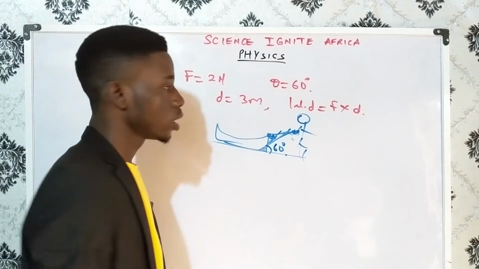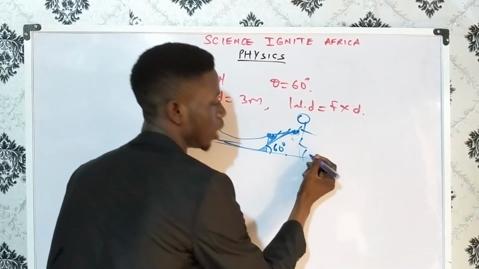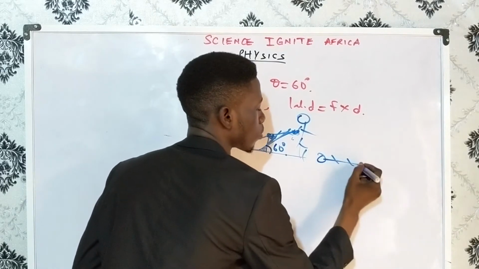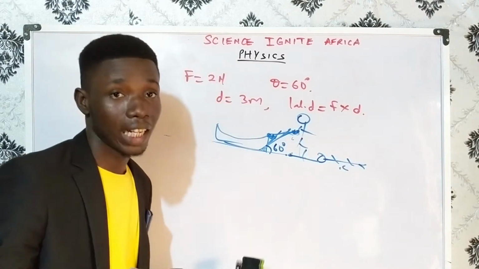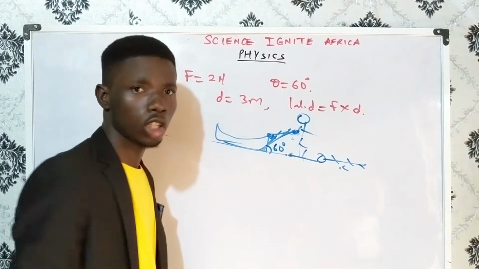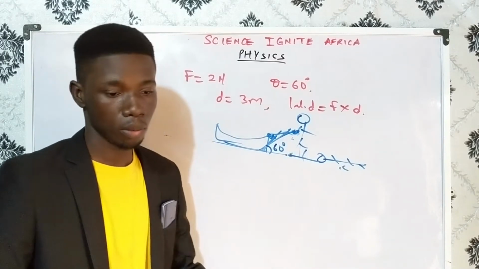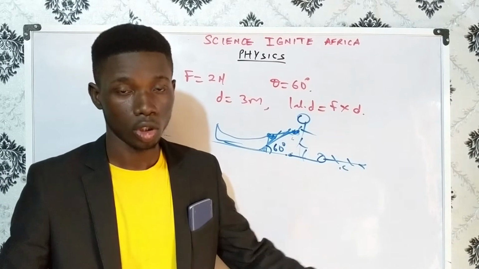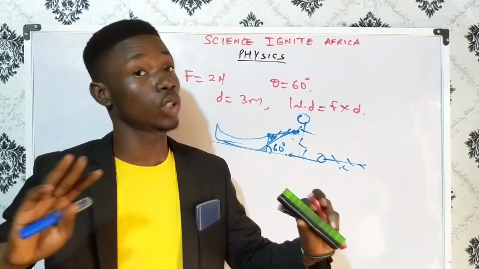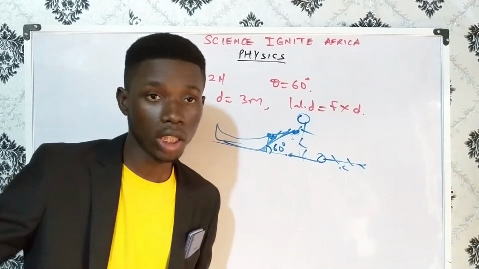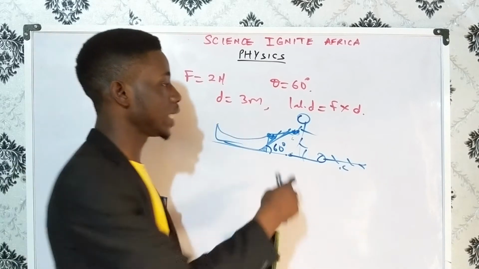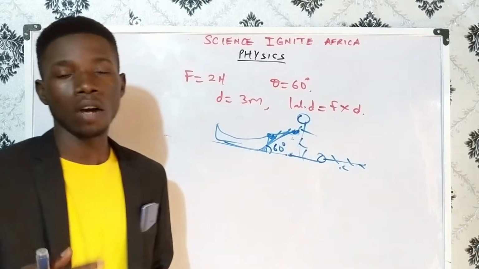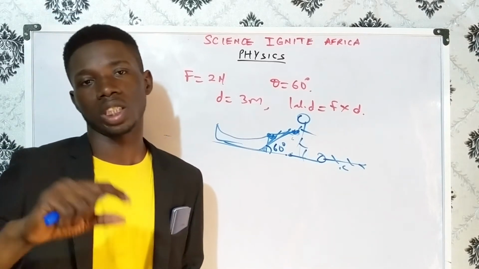Which means this boy could have lain down and applied the force of 2 Newton directly. Maybe the bag of rice is on a table, so you are able to apply the force directly without having to incline it at all. The pushing of the object will be much more effective.